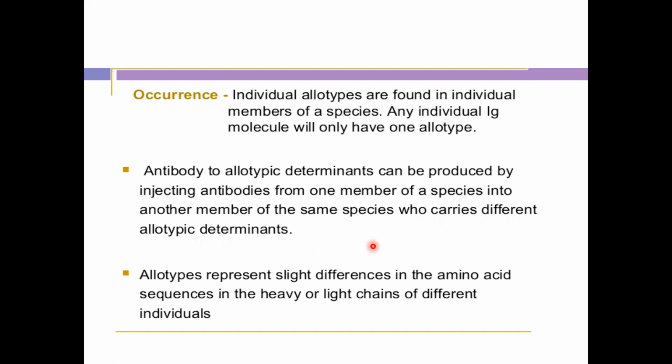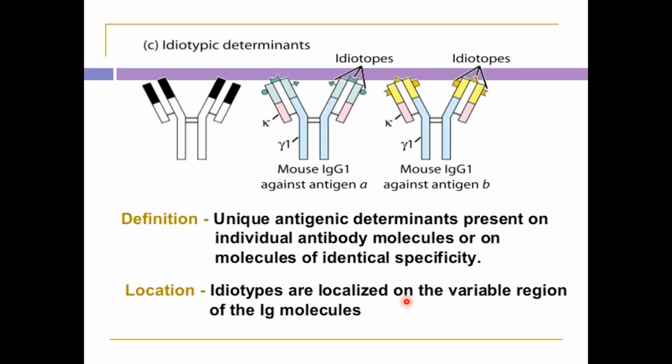That's recognized as a foreign body because the body says this is not mine, this is someone else's antigen of the same species. Allotype represents slight differences in the amino acid sequence in the heavy or light chain of different individuals. So allotypes are mainly present on the amino acid sequence of the heavy or light chain of different individuals.